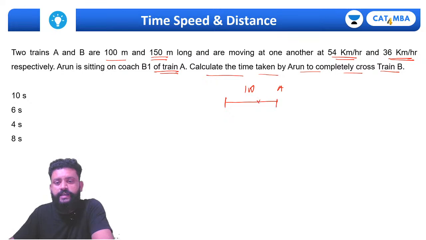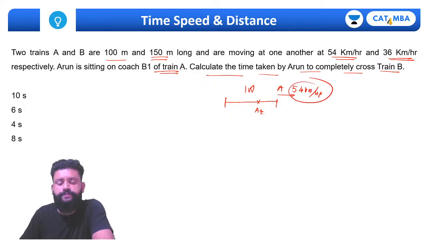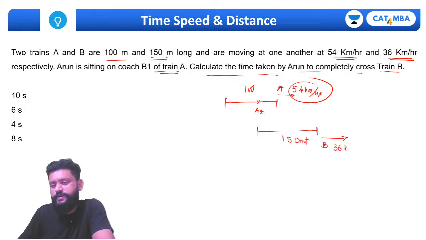Where is Arun sitting? So this is coach B, and this train is moving with the speed of 54 kilometers per hour. Now Arun will start crossing the other train, which is of 150-meter length. That train B is moving with the speed of 36 km per hour.